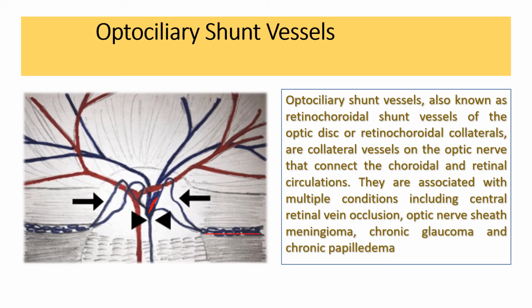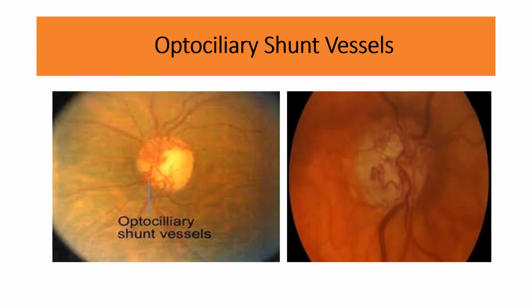Here the central retinal vein is compressed due to raised intracranial pressure, due to raised CSF pressure. So the blood cannot pass through this vein. So collaterals are enlarged and there is shunt. These are the optociliary shunt vessels.